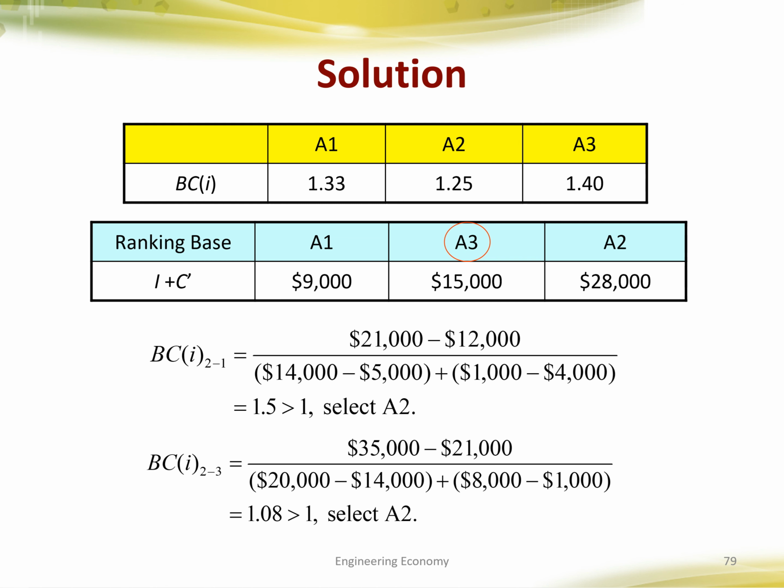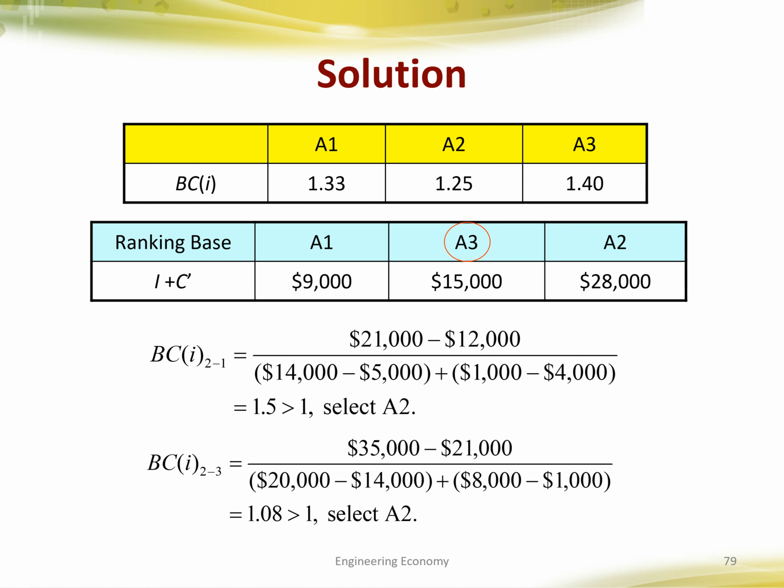Again, this is taking from alternative 3 to 2, and the additional value created by this change, its benefit cost ratio is greater than 1, which means that the increment should be accepted, and in other words, alternative A2 is better than alternative A3, so we'll select A2. So in the end, we'll select A2.